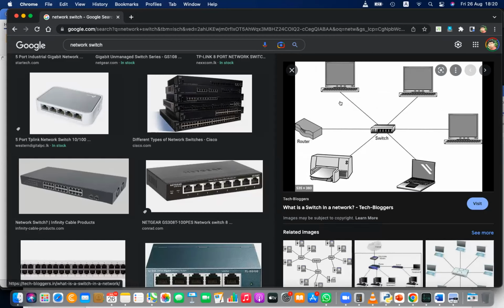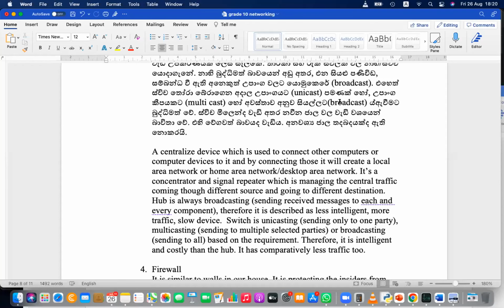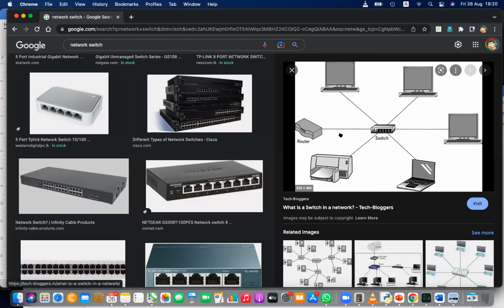So similar networks are connected. A centralized device which connects computers, computing devices, printers, all together. So that is basically a switch. But router is connecting external network with internal network.